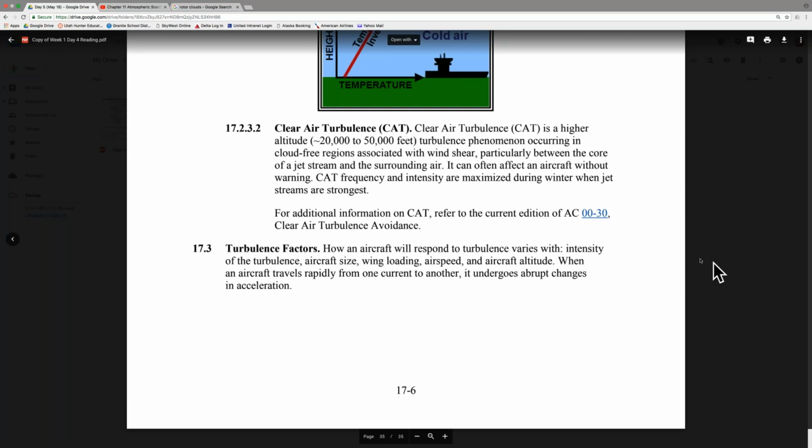So we take into consideration aircraft size and the speed as well. Going slower through mountain waves is going to exaggerate it a lot more than going through it at 500 knots. We just need to take that into consideration when we're looking at these reports.